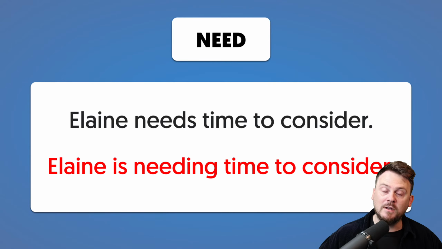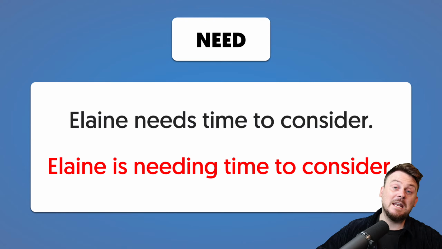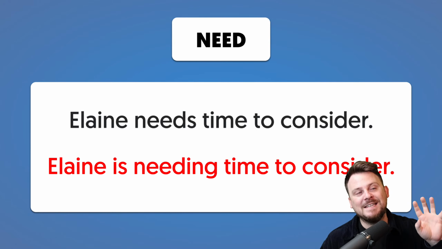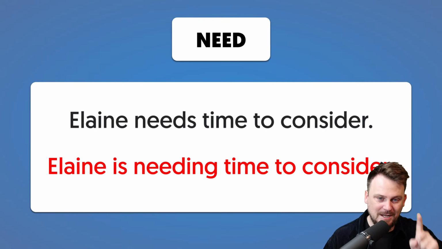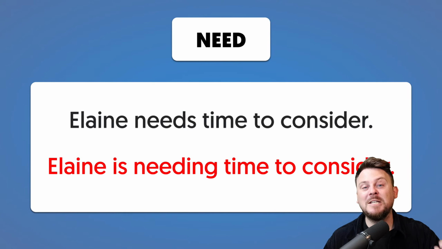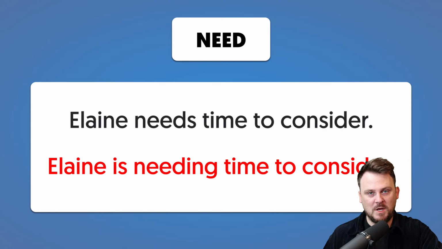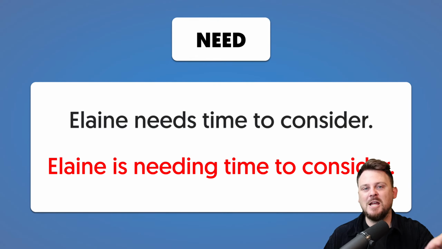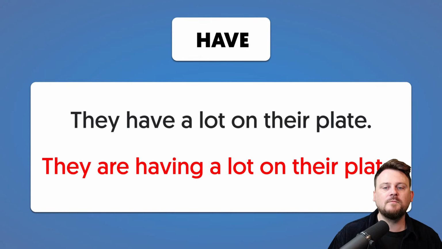It's actually a gerund. So don't get confused and say to yourself, oh, that means I can never use needing with an ing. No, that's not what I said. I said that needing would not be correct in this case because when we're talking about Elaine's condition, we're going to use it in its simple form that agrees with the subject, in this case, needs, because it's about her condition, okay?